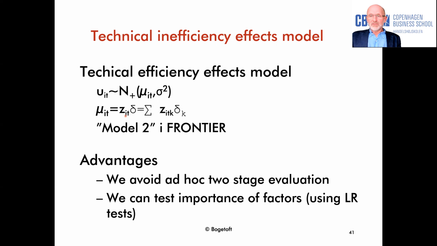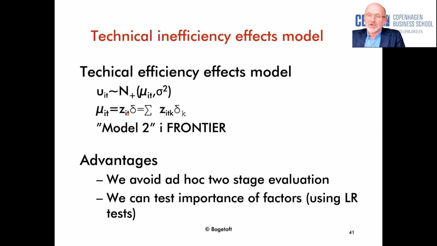Well, you can model that, which in a DEA context you normally handle via second stage analysis. But here you can model it directly into the first stage by saying that the mean of the inefficiency distribution is a linear function of such variables. So it's, for example, a linear function of the experience of the CEO and some other variables, the education level of the labor force, or whatever might contribute to having more or less inefficiency in your model.